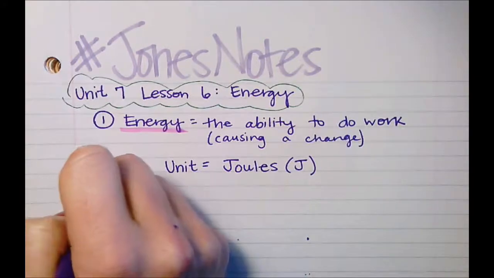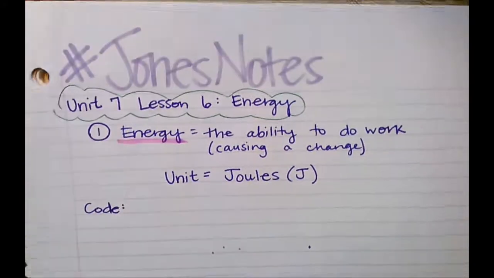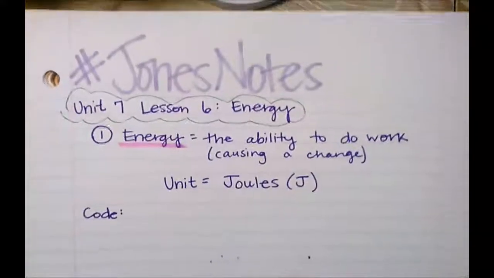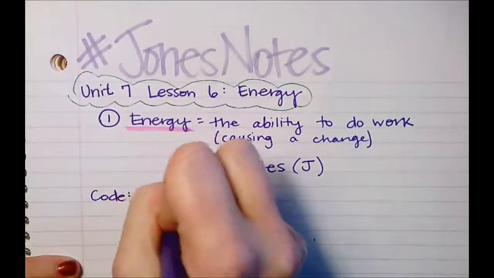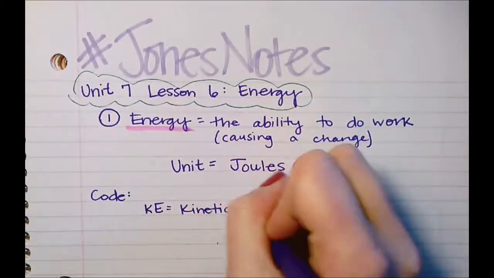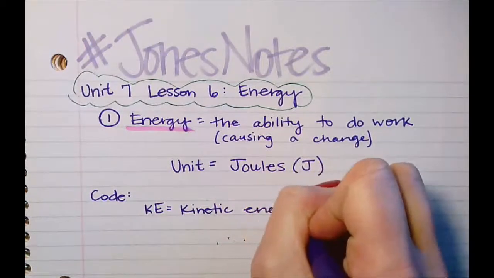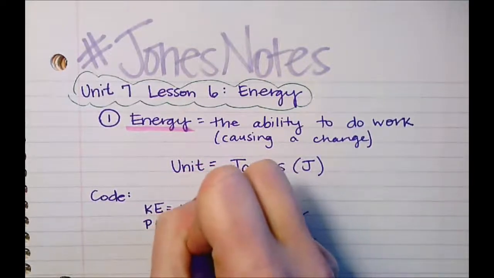We're going to code our notes today so that we don't have to write the same word over and over again. So anytime that I use the code KE, I am talking about kinetic energy. If I use PE, I'm talking about potential energy.